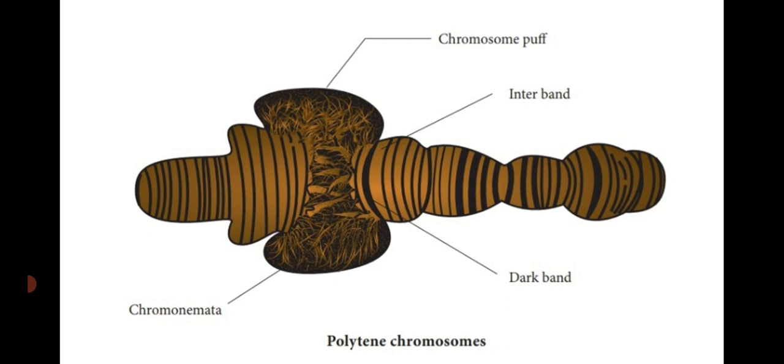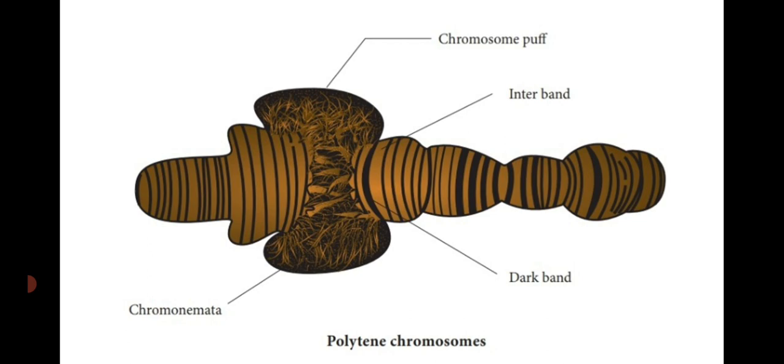This giant chromosome is responsible for gene expression, and transcription of genes takes place in it inside the insects. The DNA present in the dark bands is responsible for the repeated multiplication without nuclear division.